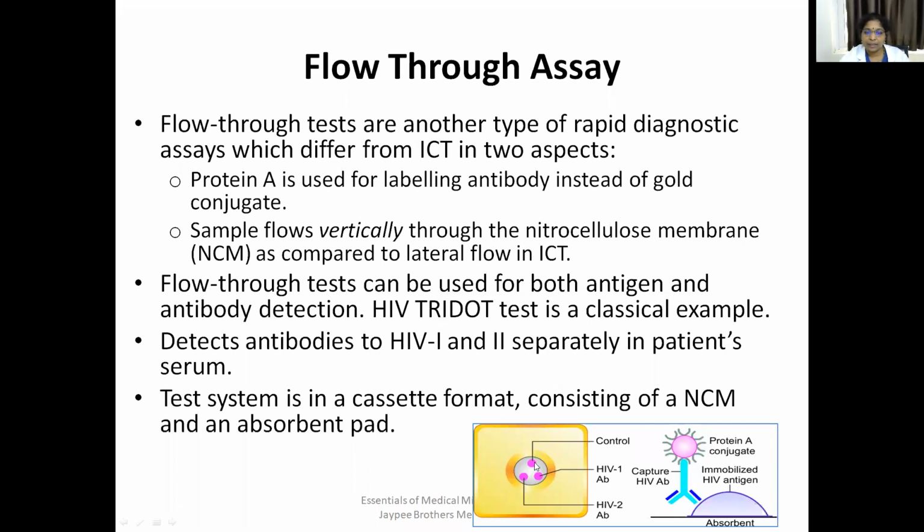Since there are 3 dots here, it is called the HIV tri-dot test, a classical example of flow-through assay. So HIV is detected by this tri-dot test. For hepatitis, it is called the HEPACARD test. Here for HIV, it is called the HIV tri-dot test.